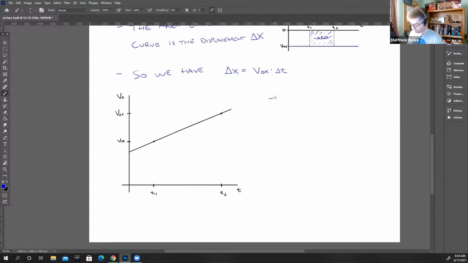So before I put anything else down, I'm going to say for a velocity versus time curve that is more complex, break it up into manageable sections, or break it up into sections.